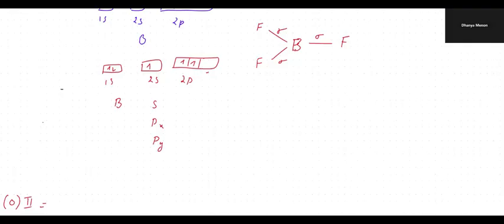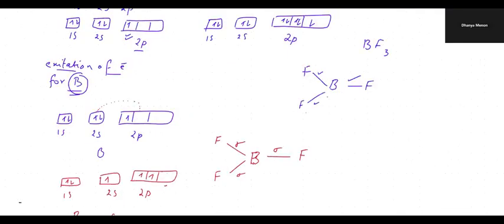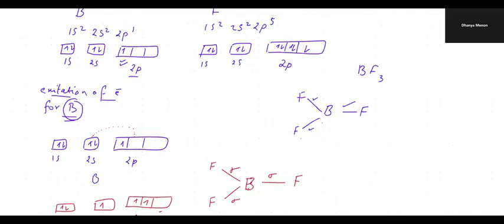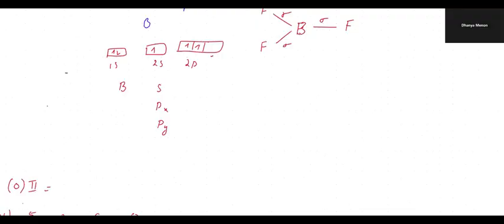So this is for boron. And in fluorine, which orbitals are unpaired? It is the 2pz or 2p orbital of fluorine. How many fluorine atoms are there? 3 of them. So we have the p orbital of the first fluorine atom, the p orbital of the second, and the p orbital of the third.